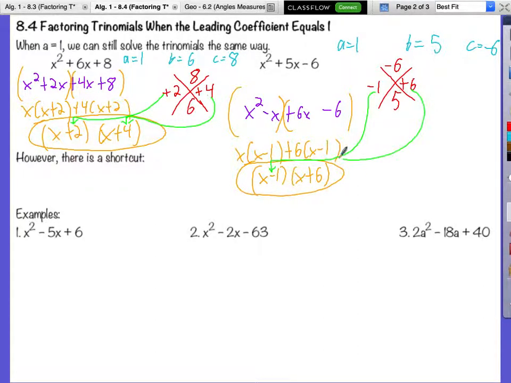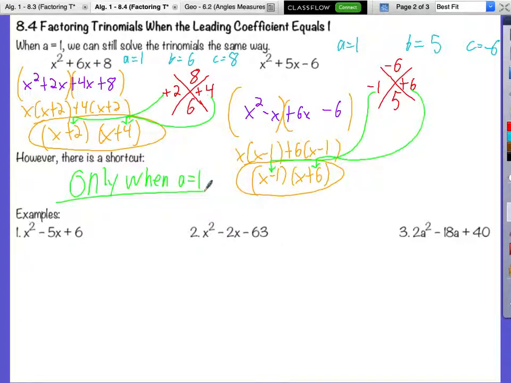And the 6, did we just put this 6 here? Yes. So only when a is equal to 1, we have this shortcut where we can just take whatever numbers are on the side with their sign and do x plus 2, x plus 4, or in this case x minus 1, x plus 6.